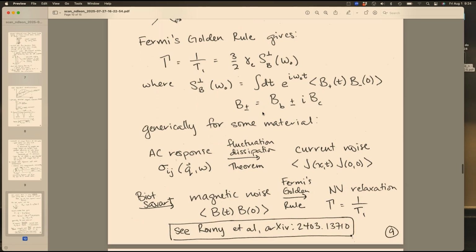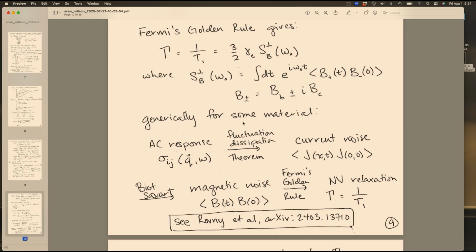And then what we can do is generically take this magnetic noise and use it to learn about the material, okay? So if my material has some AC response that I can write down as some conductivity as a function of q and omega, then I can convert this into a current noise correlator by fluctuation dissipation, right?